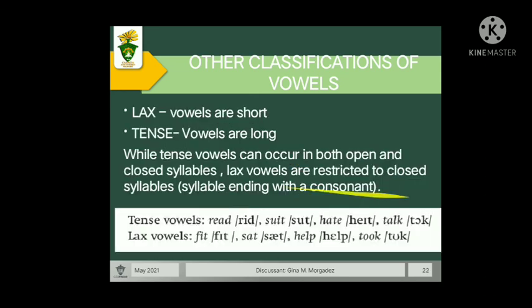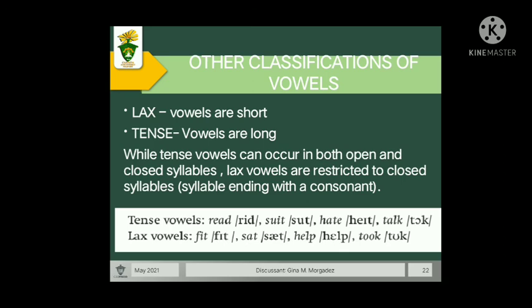Okay, so again, there are other classifications of vowels. We have lax and tense vowels. Tense vowels are long, such as E as in read. Lax vowels are short, such as I as in fit, A as in sat, E as in help, and U as in took.